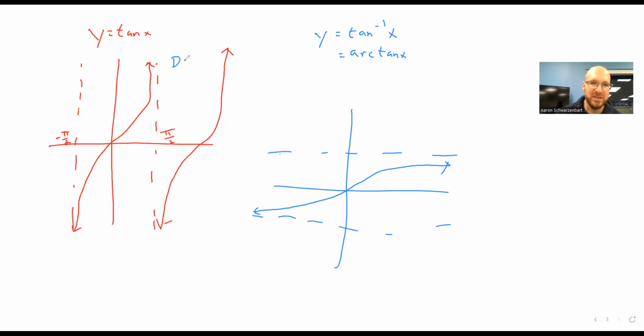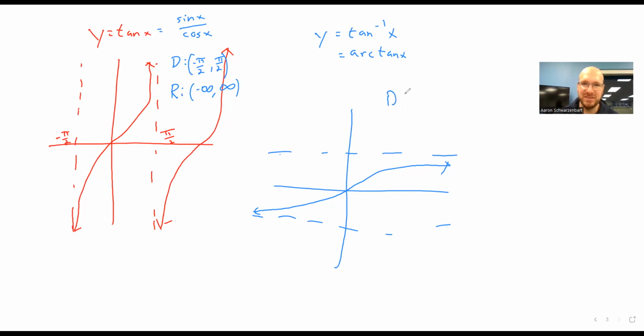So for this one, your domain, we're going to restrict it, but this is not inclusive, because those are asymptotes at pi over 2 and negative pi over 2. Because tangent equals sine over cosine, and cosine is 0 there, so my function is undefined.